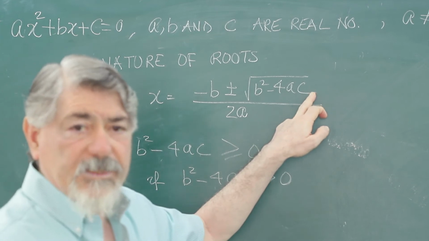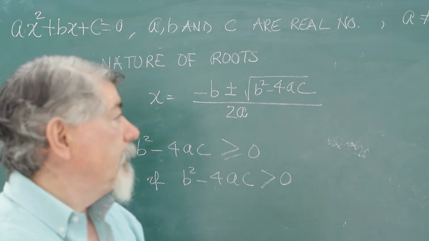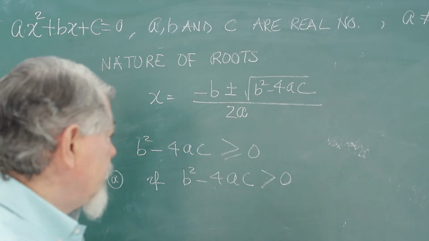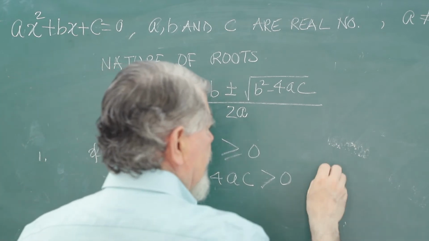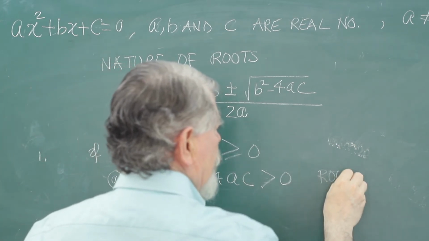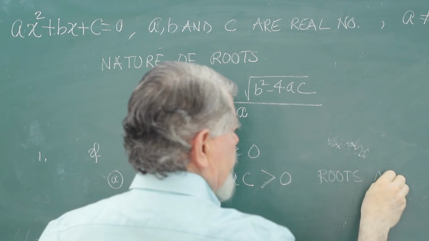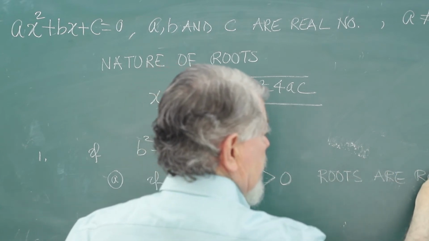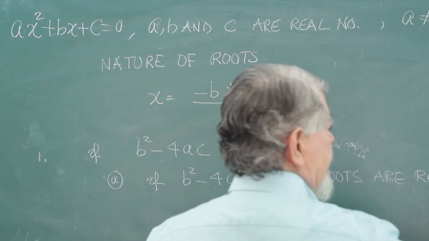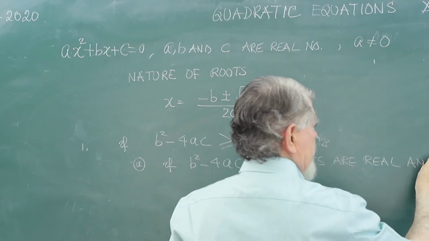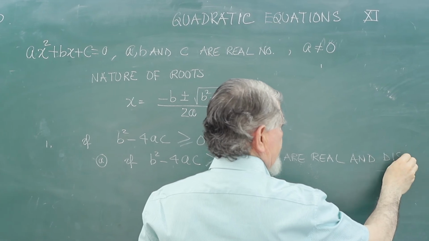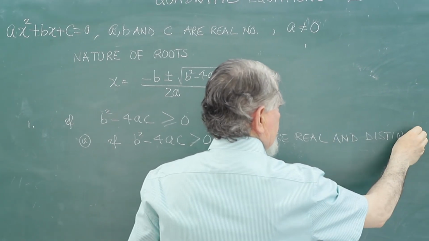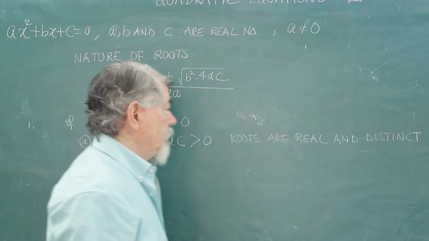If b square minus 4ac is positive, then roots will be real and distinct. Distinct means different. They will not be the same.